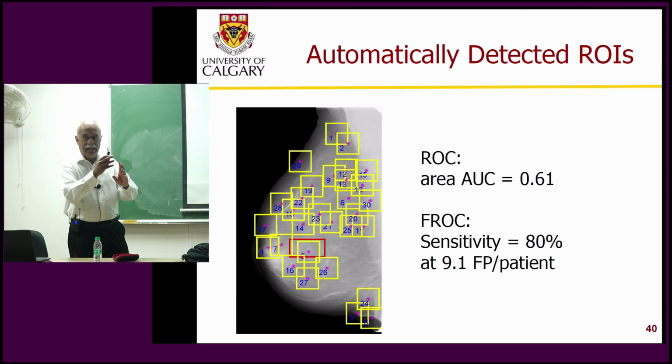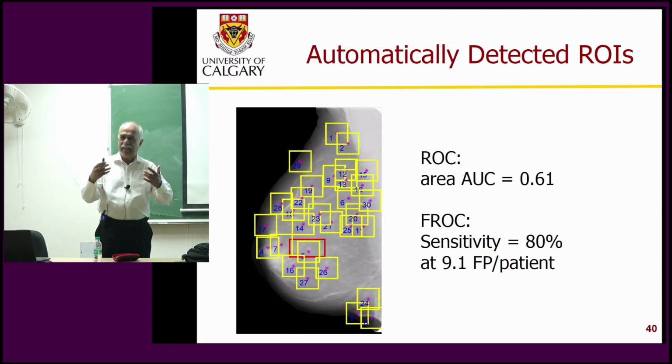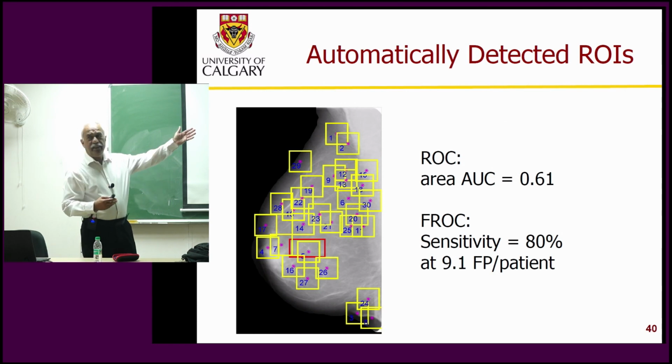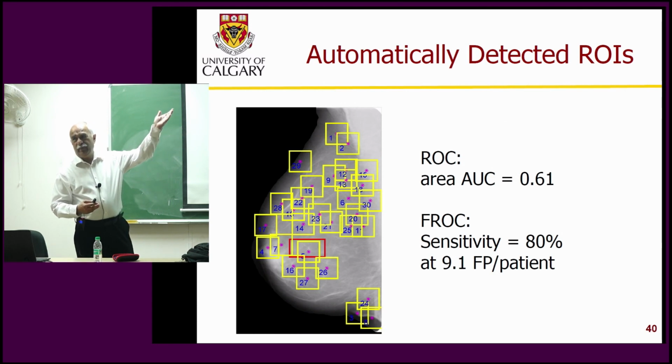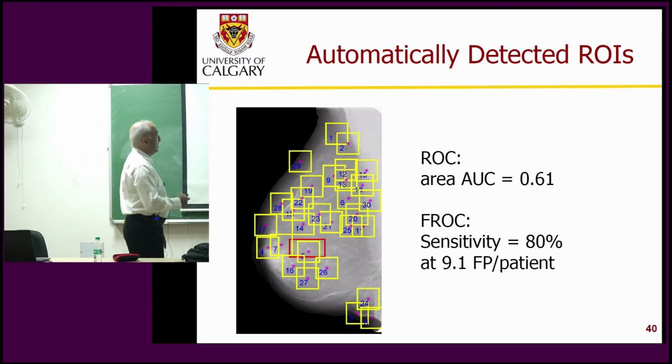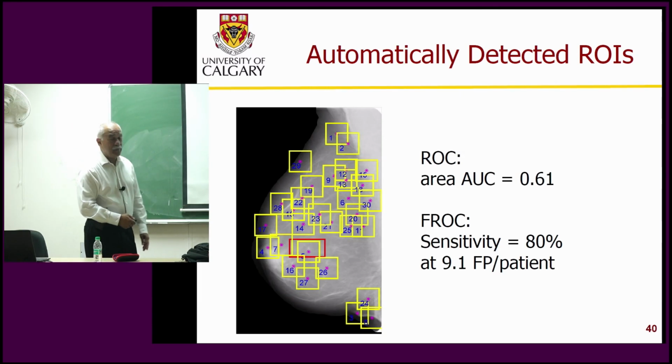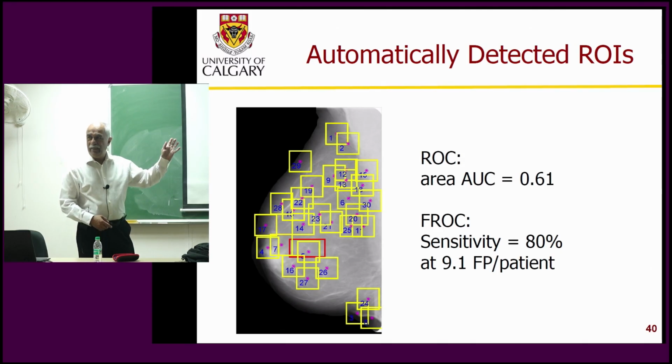And as long as they are complementary, then when you put them together through feature selection, your area under the ROC curve will go up to maybe 0.8, 0.9 if you have a good set of features. So this is one feature. FROC gave 80% at 9.5 false positives, like before, using just this, which is not bad as a starting point.